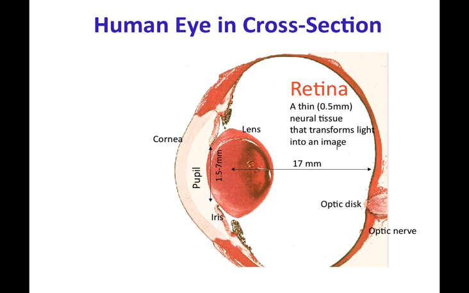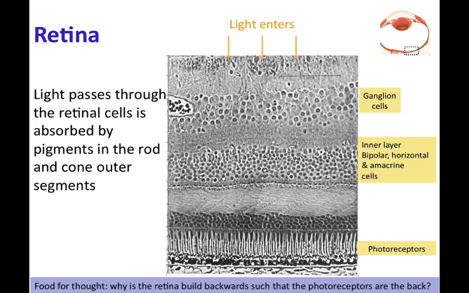So I'm going to zoom into the retina and show you how it looks under the microscope. Again, the depth of the structure from here to here is about 0.5 millimeter, and it's built with layers. Light enters here at the top. It passes through nerve cells called ganglion cells. Then it passes through a layer of cells called bipolar, horizontal, and amacrine cells.